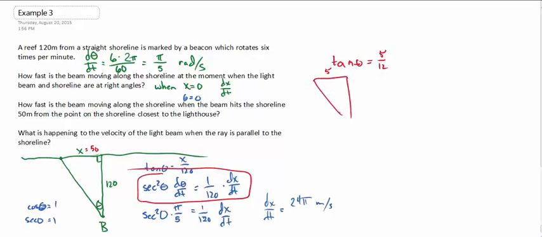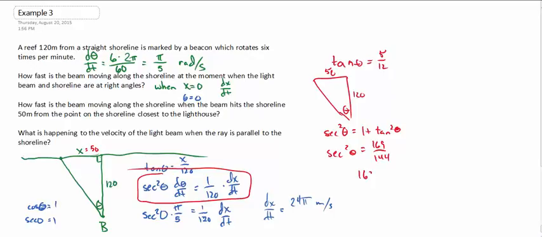So now we have 50, 120, here's theta. Secant squared theta is 1 plus tangent squared. And we know that tangent is 5 over 12, so secant squared theta is equal to 169 over 144. And now we can make our substitutions into this derivative, and solve for dx dt.